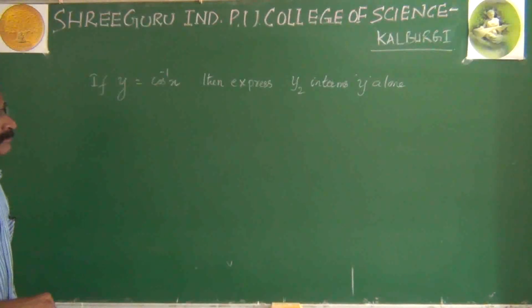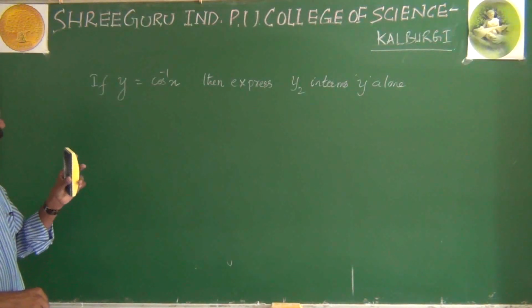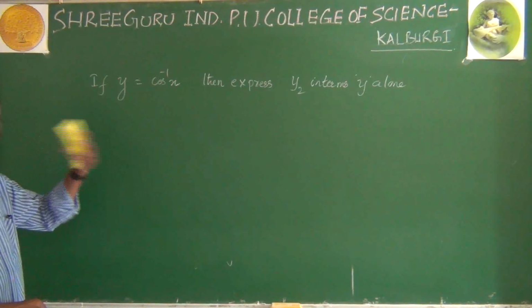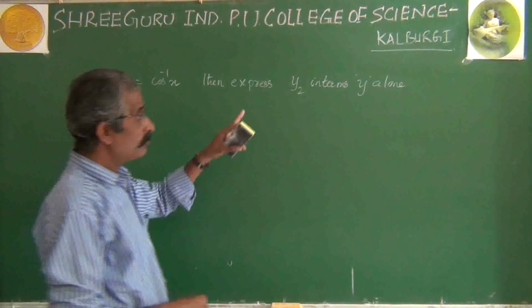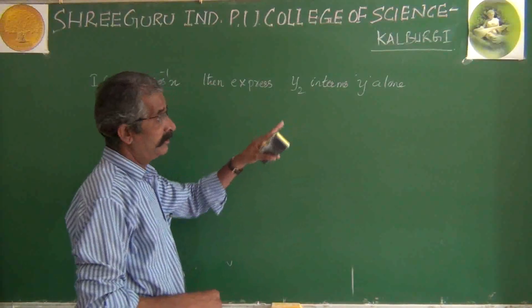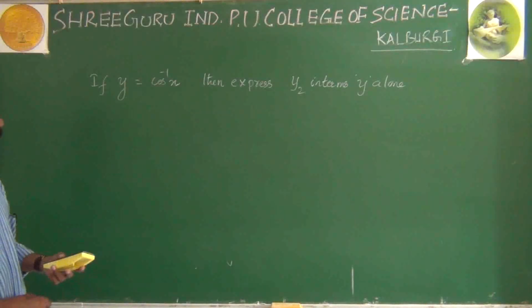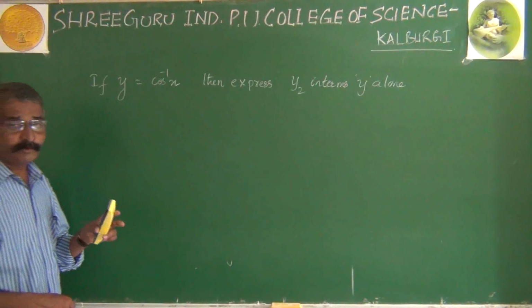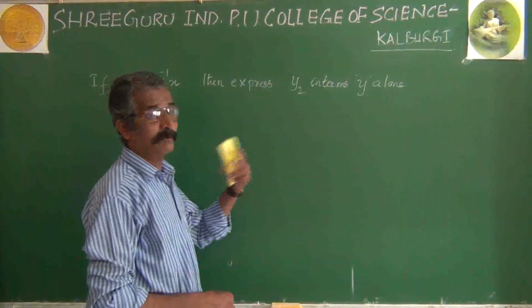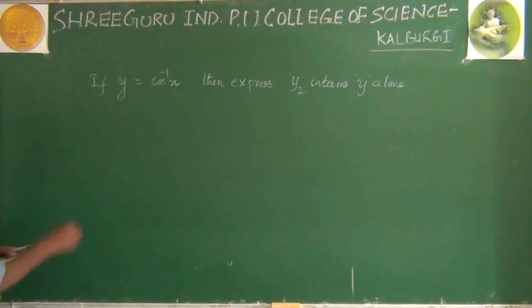Its meaning is that we have to get d2y by dx2, and thereafter we have to express it only in the form of y. Means our y2 should appear only in terms of y, should not be other than y. So, the solution.